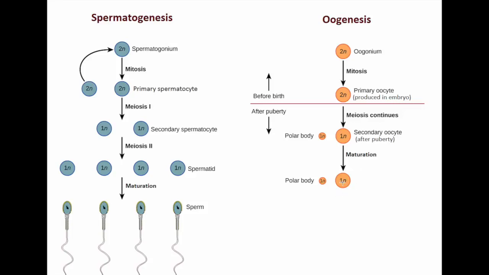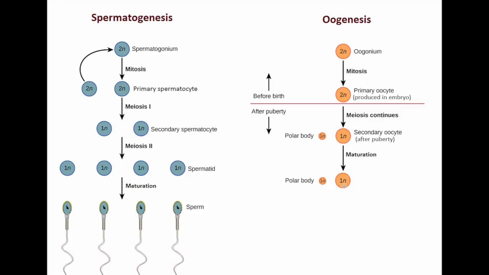So there would be three polar bodies, which are not shown in this picture. But you would have three polar bodies in the final stage, and they are destroyed because they are too small, and their job is to provide nutrients to the main egg. Finally the polar bodies are destroyed, and this egg is finally going to mature.